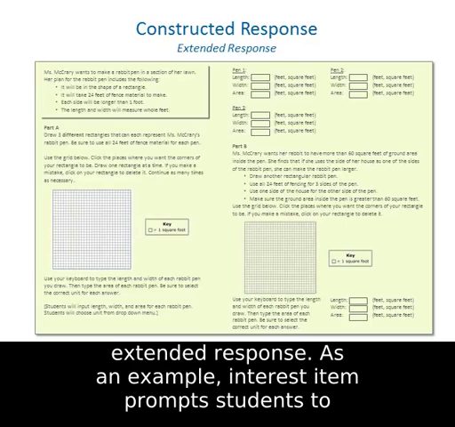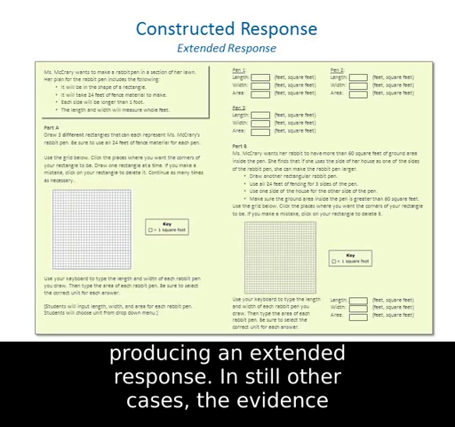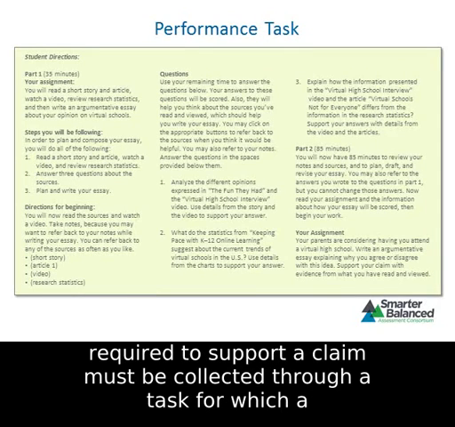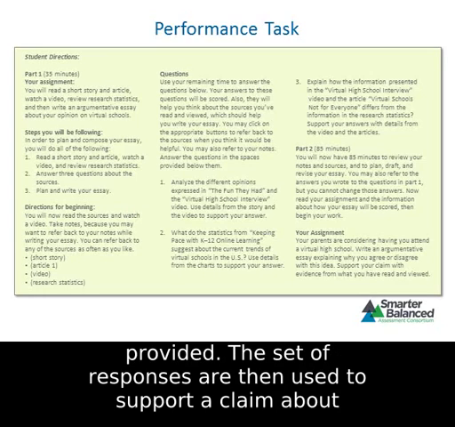As an example, this item prompts students to provide evidence about their understanding of perimeter and area by producing an extended response. In still other cases, the evidence required to support a claim must be collected through a task for which a student performs multiple actions. For each action, a response is provided.